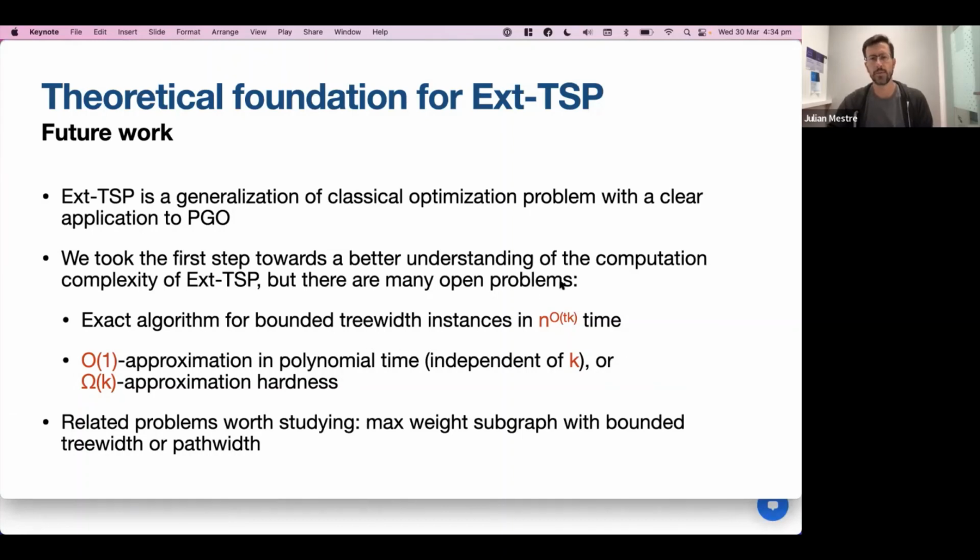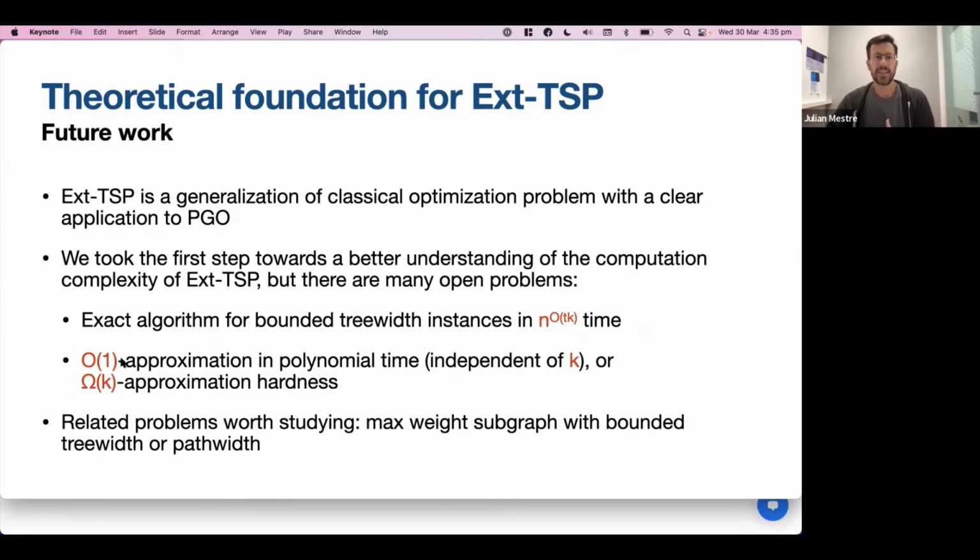At the moment, we can only do this with an approximation factor of 1 plus epsilon, and there is an extra factor of 1 over epsilon here. It would be interesting to get this running time to be just n to the tree width times k. None of the lower bounds that we provide would contradict this running time, but I have no idea how to get there.